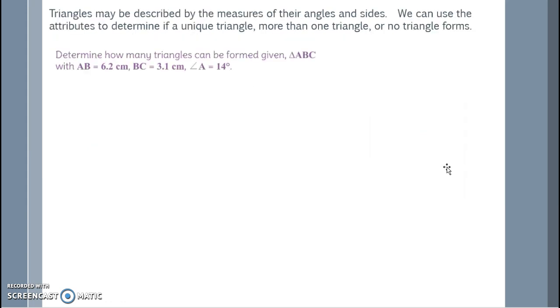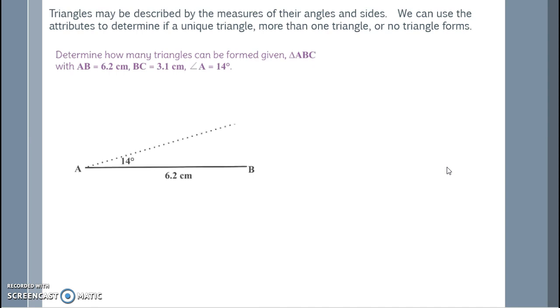Determine how many triangles can be formed given triangle ABC with length AB of 6 2/10 centimeters, BC is 3 1/10 centimeter, and angle A is equal to 14 degrees. So I'm going to lay down a line AB and measure out 6.2 centimeters.